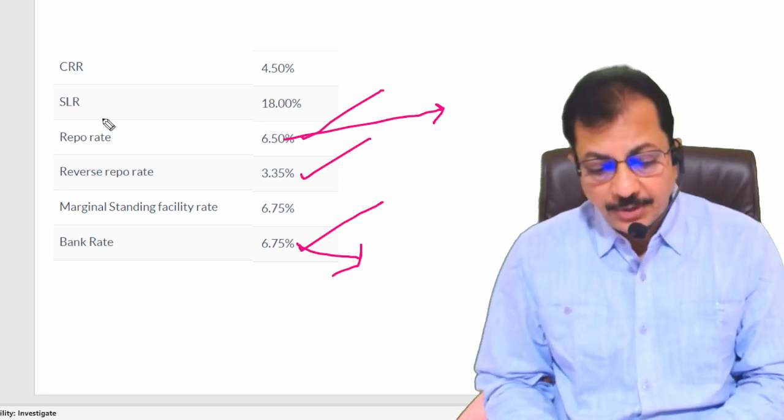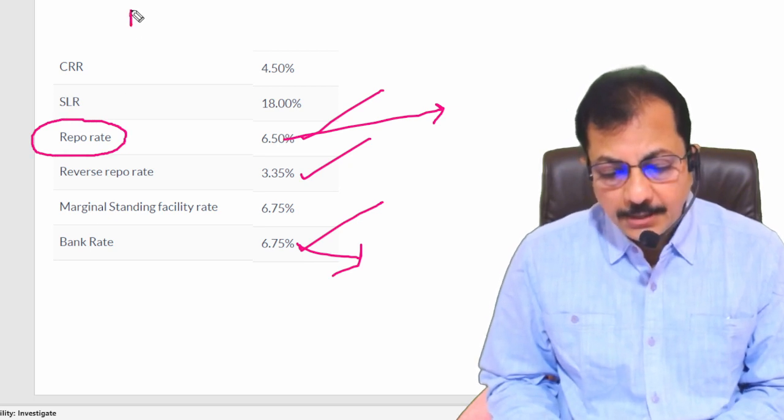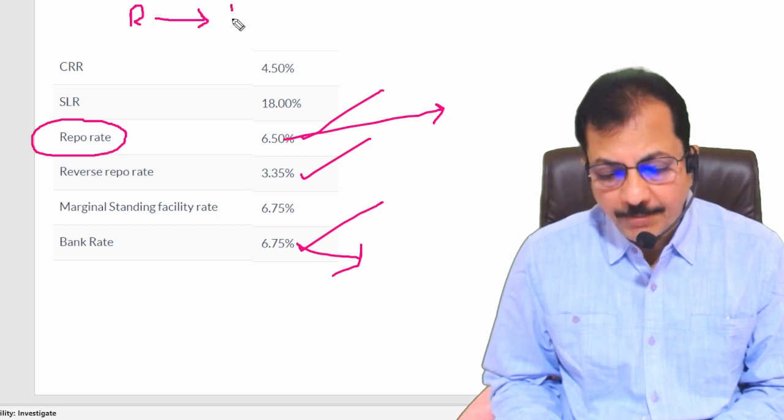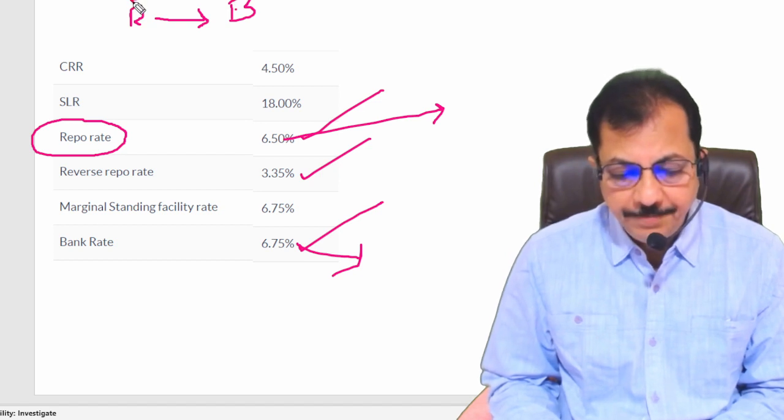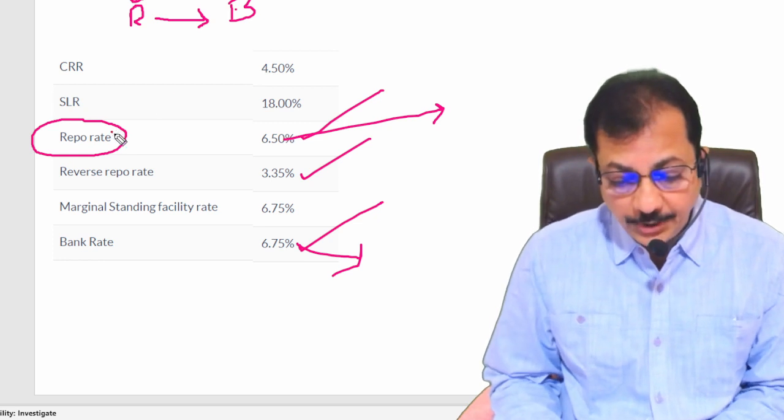So when it comes to repo rate, my dear friends, this is RBI. RBI is giving a loan to a bank. Obviously this bank has to pay interest to RBI, and whatever you are paying short term is called the repo rate.